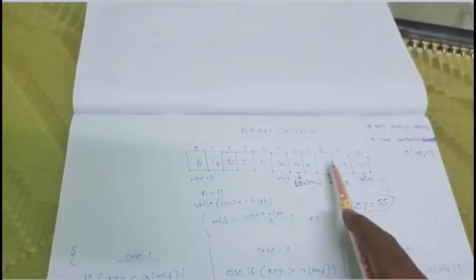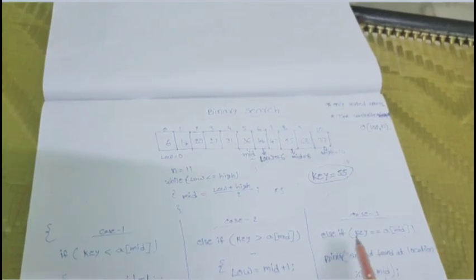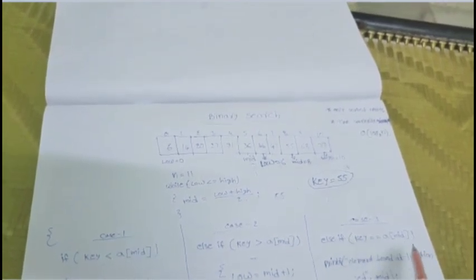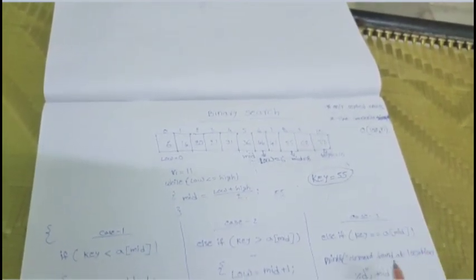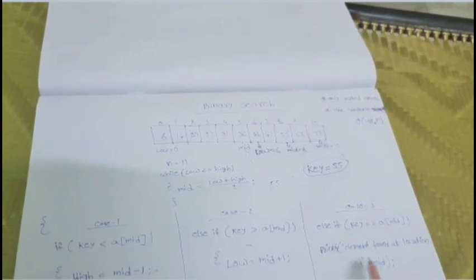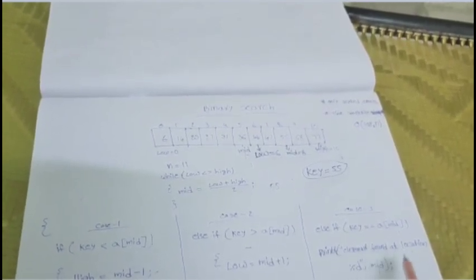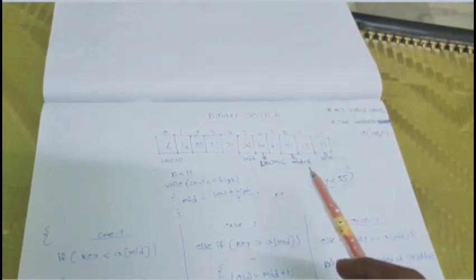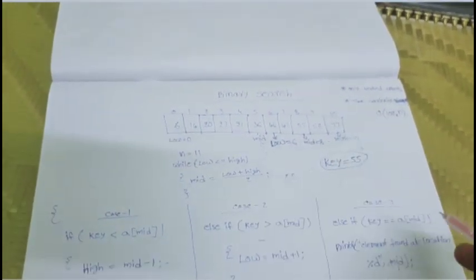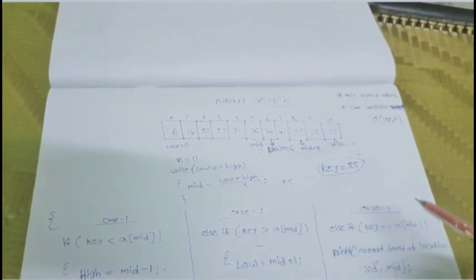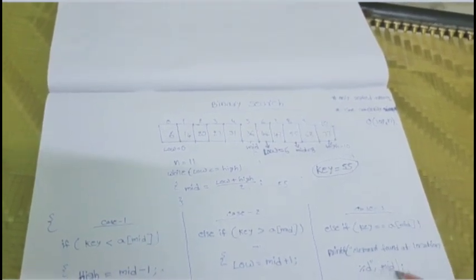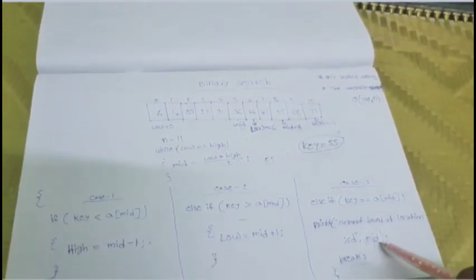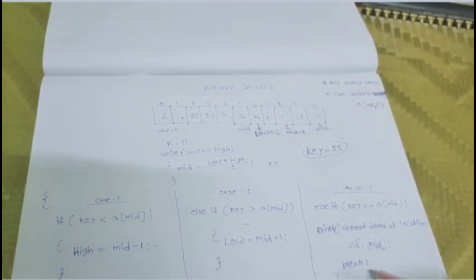So since our key is equal to A of mid, we'll print the statement that the element is found at the location mid, which is A of 8. So it will print the mid location, 8, and the break statement executes.